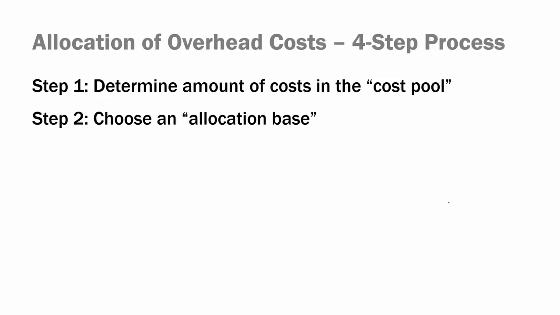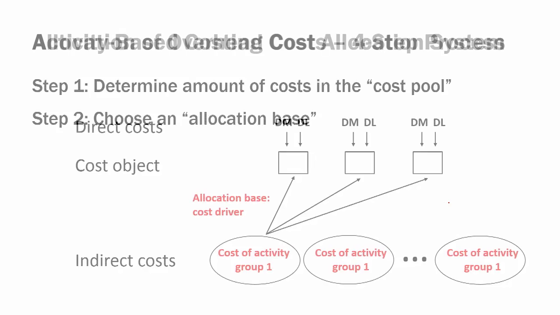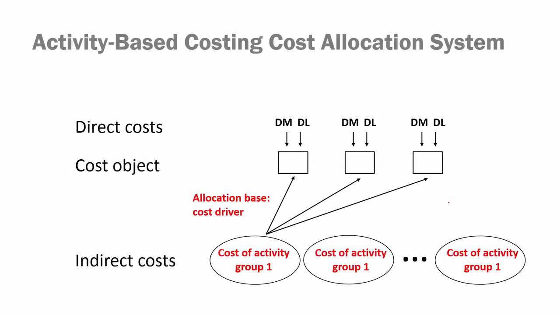Now recall that step 2 in the allocation process is to choose an allocation base for each cost pool. With activity-based costing, we want to choose an allocation base that has a causal relationship with the cost in the cost pool. We use the term cost driver to refer to the allocation base in an activity-based costing system because it's something that drives those costs to be incurred.